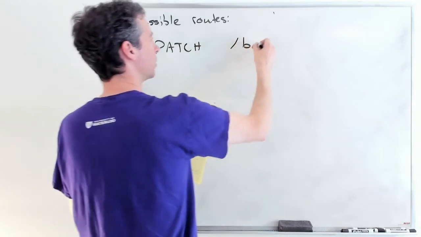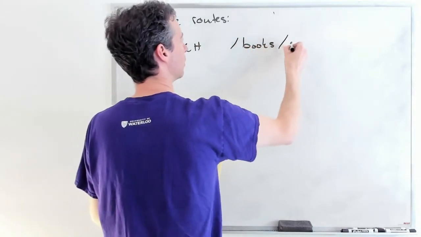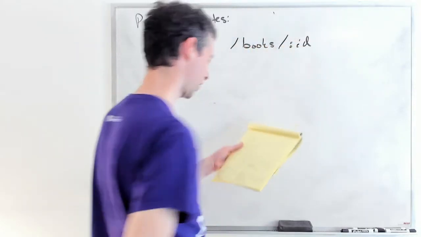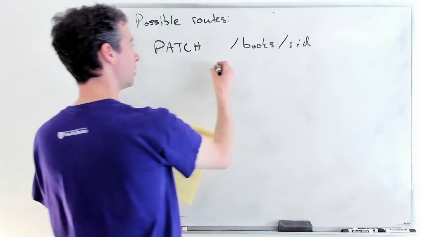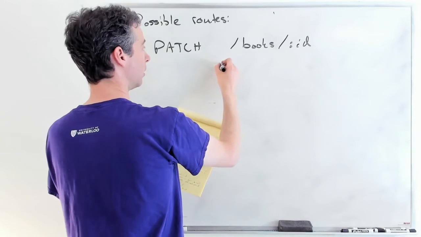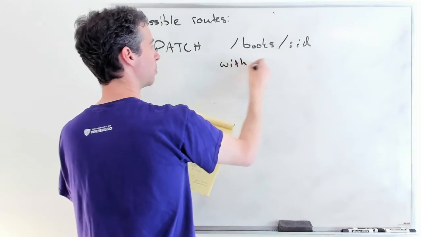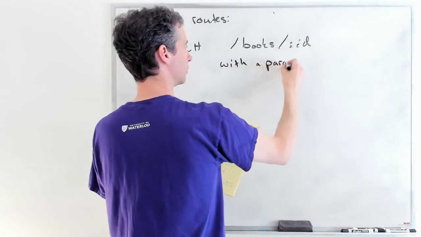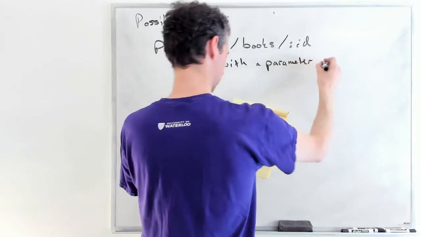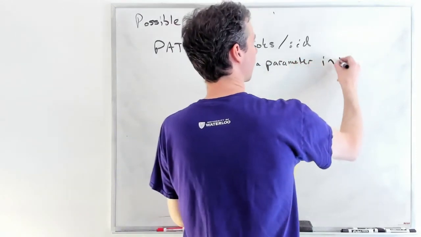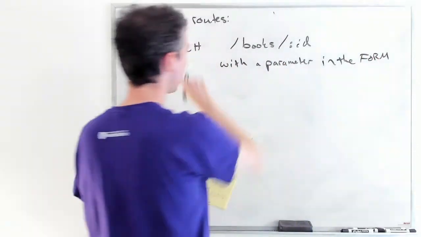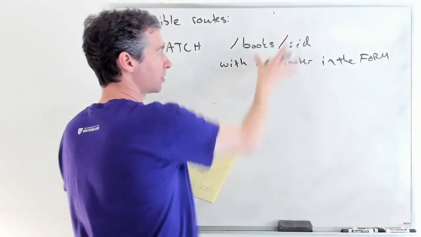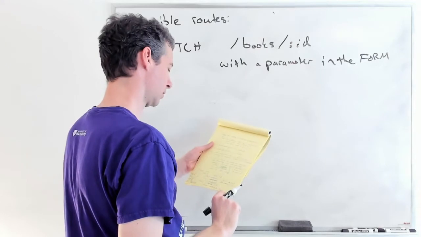I've got the books, and I have an ID. And what I do when I patch it is I send in a parameter, in the form, so patch is going to send the form to this URI.